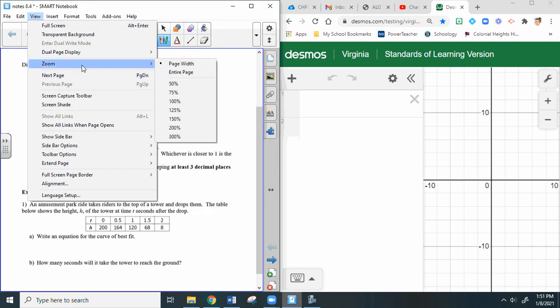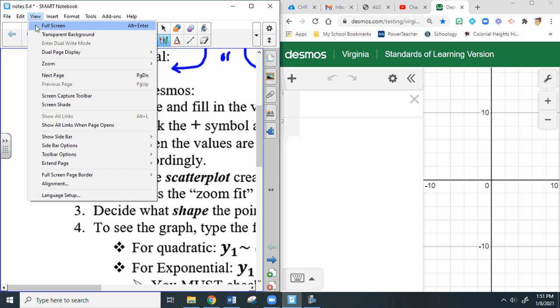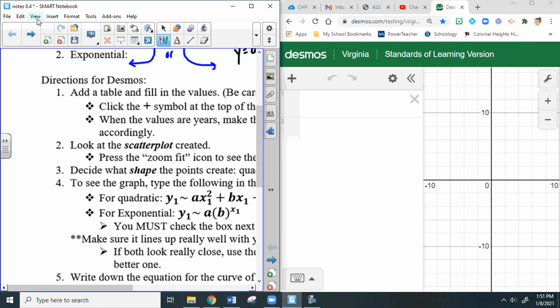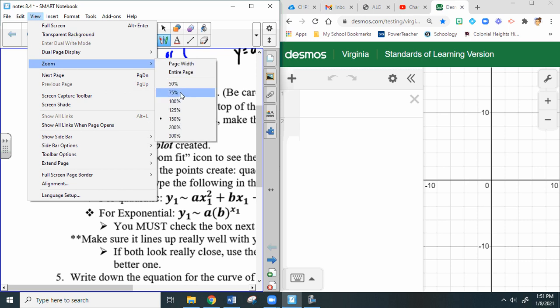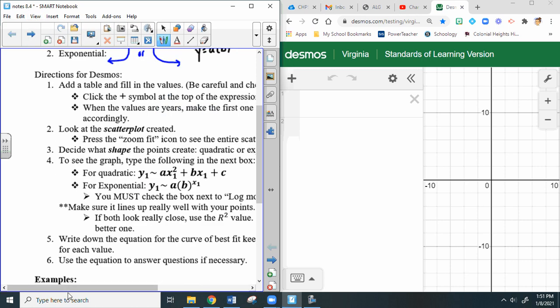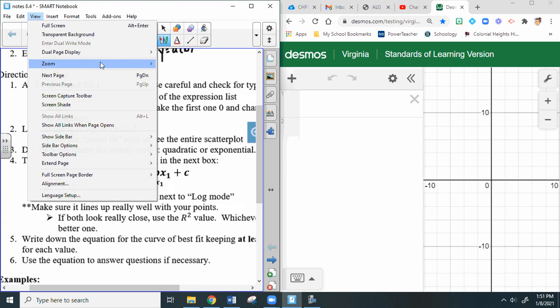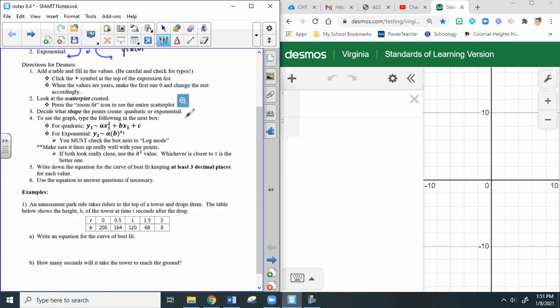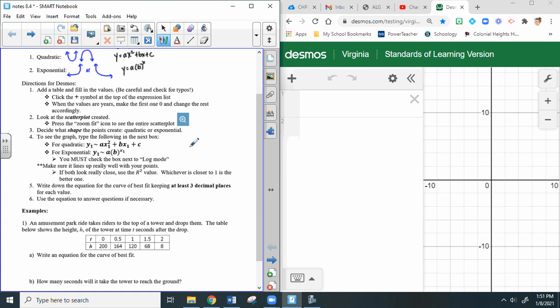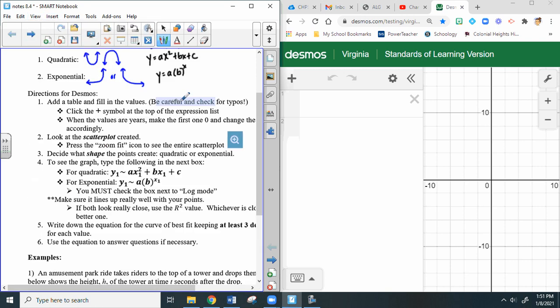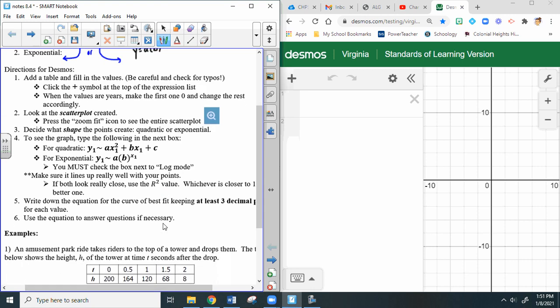Maybe we can zoom in a little bit. Whoa, way too big. How about, nope, still too big, sorry. Let's see if that'll fit. Not quite. Well, bummer. There's not really much in between. What's 100%? Oh, that's good.